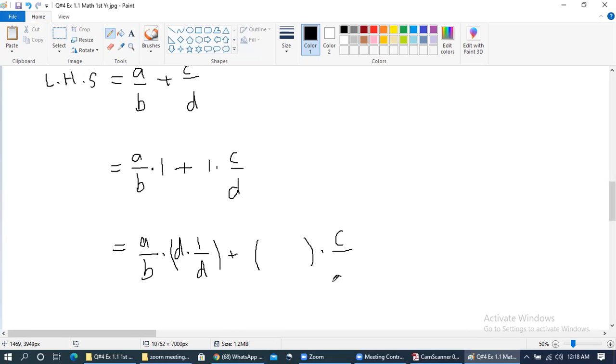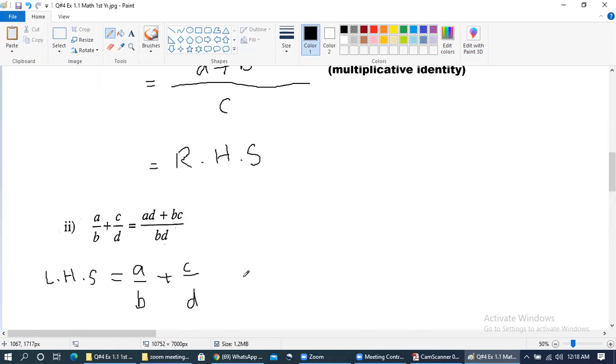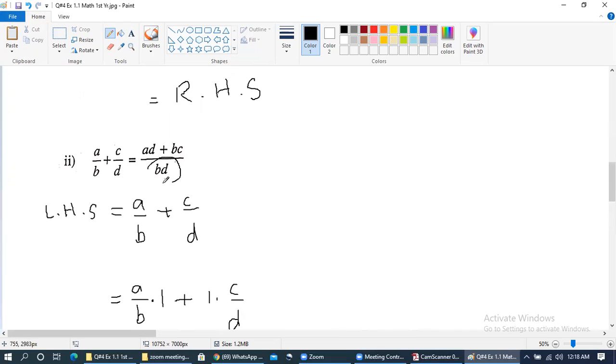So here we'll be trying to introduce B. So this one can be written as B multiplied by 1 by B, because we need the multiplicative inverses, so that with this B, previous first B, we can introduce D, and with this D we can introduce B, so that we can create the result of BD.